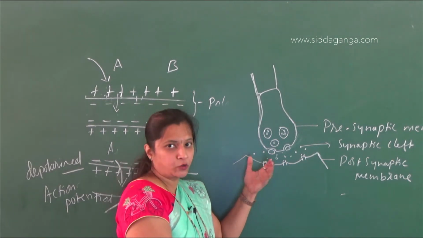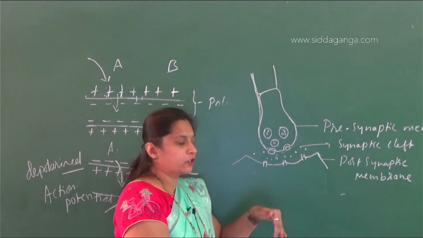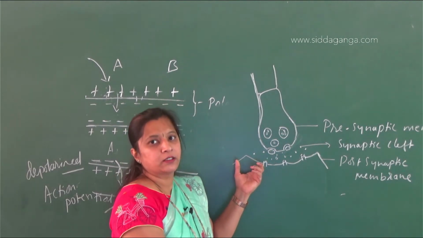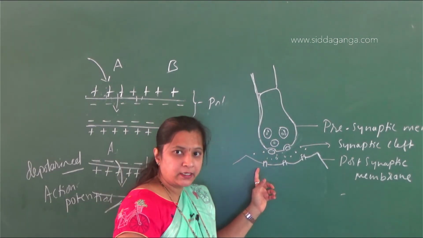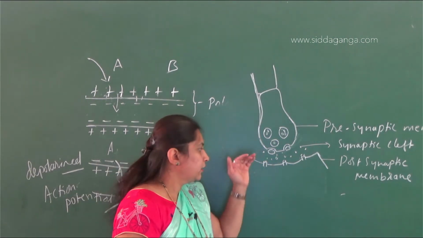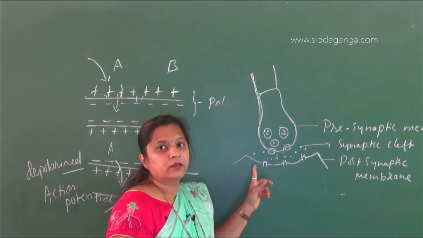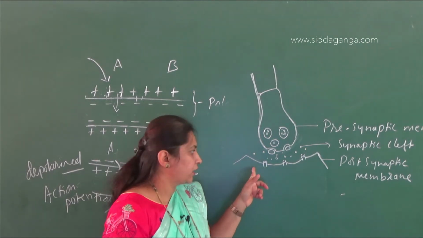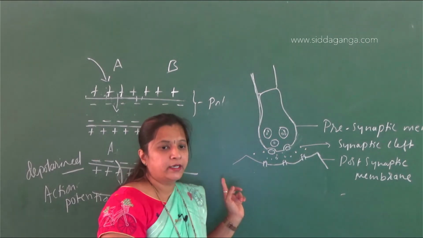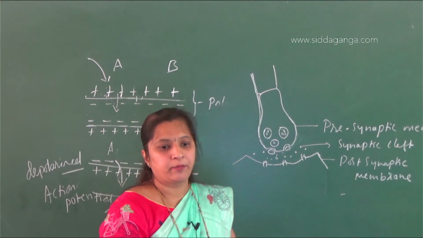As a result, sodium gated channels open, and sodium ions will enter into the membrane, thus generating an action potential or a nerve impulse. So the receptor sites for neurotransmitters are present on the postsynaptic membrane.